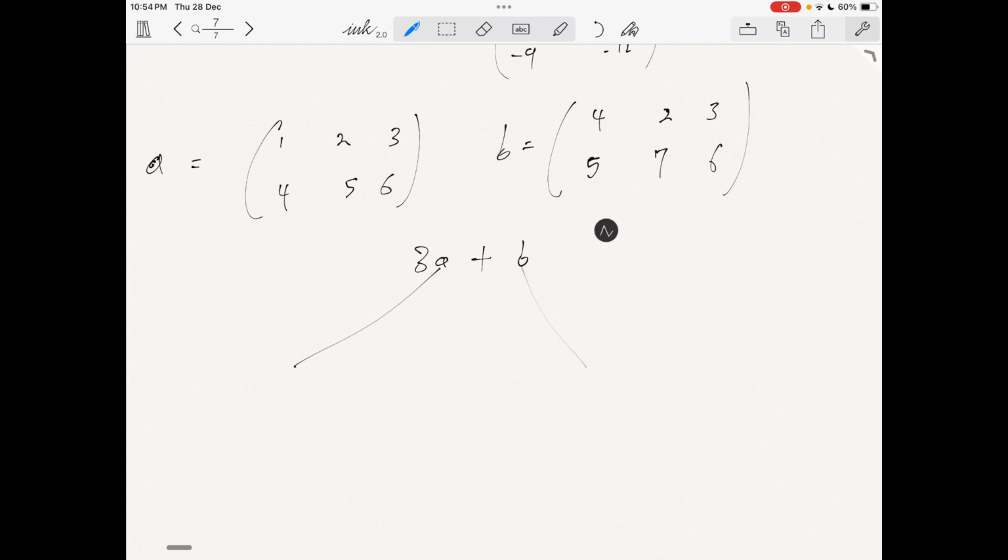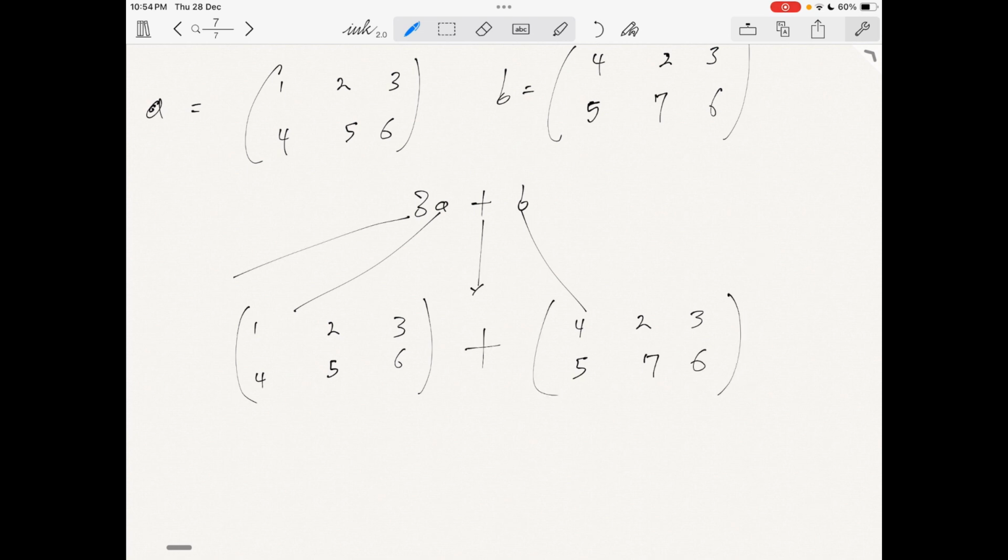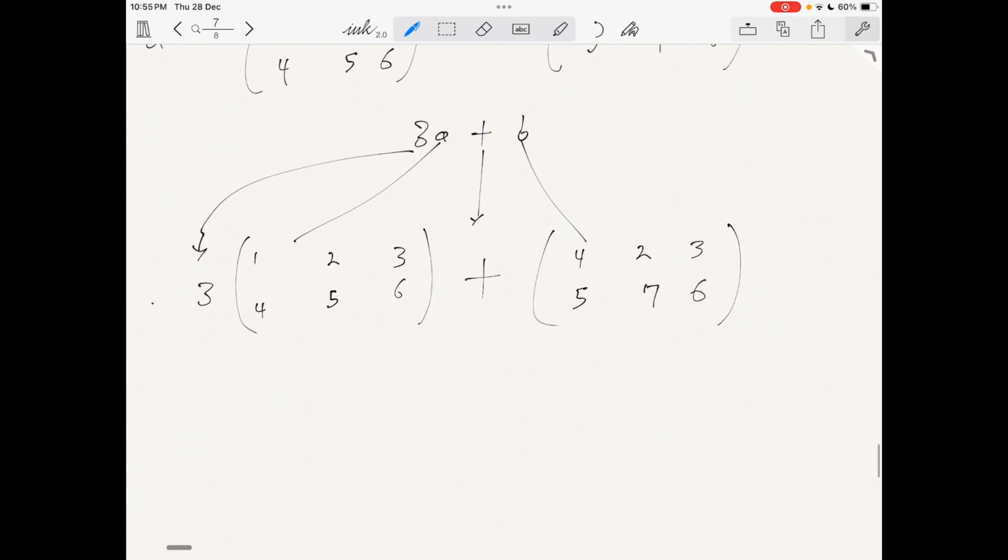Let's put in A as a matrix 1, 2, 3, 4, 5, 6, and B to be matrix 4, 2, 3, 5, 7, 6. We have our addition sign here, and that 3 there will be a scalar multiplication. So we perform this scalar multiplication first.